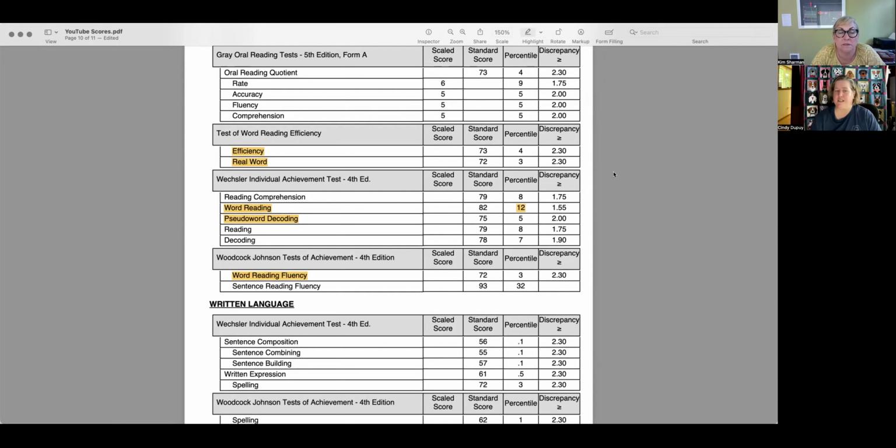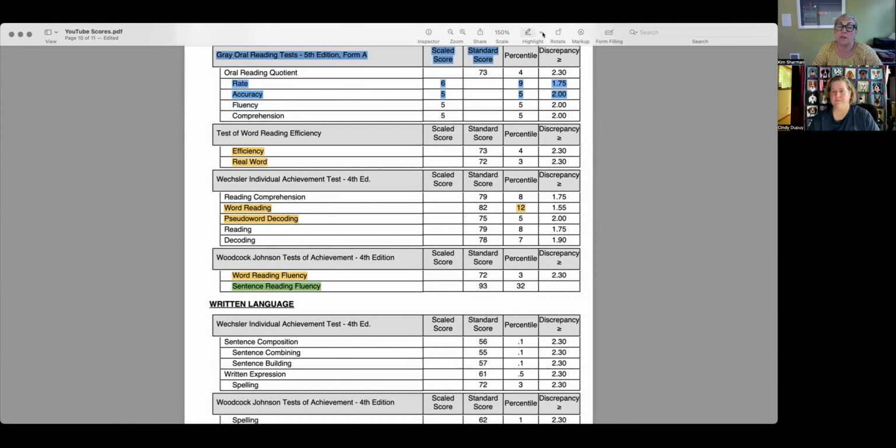And our challenge here is there's only one sentence level task. Okay. And then finally, and we'll do blue, we want to look at passage level reading. So everything in the Gray Oral Reading Test is considered to be passage level. Okay. So we would make all of that blue.